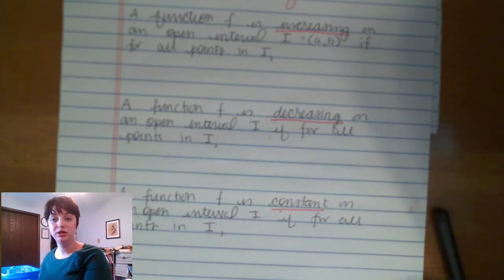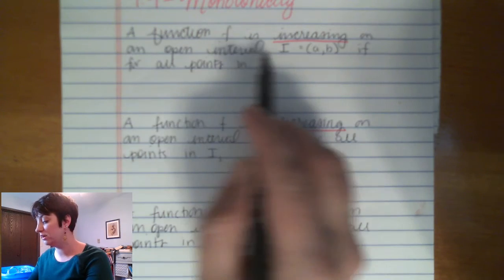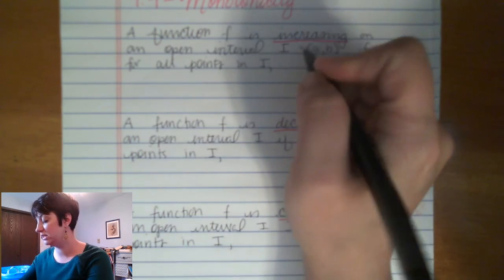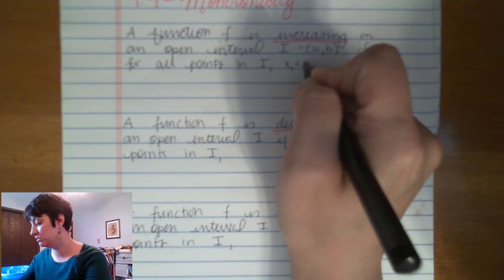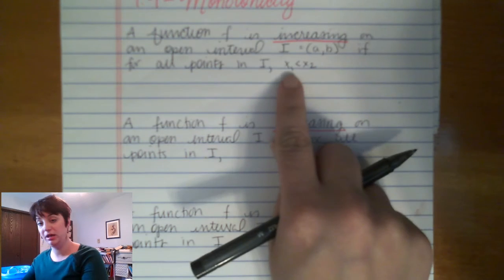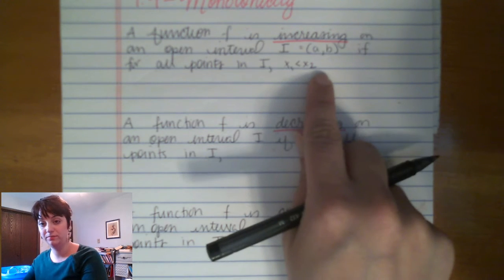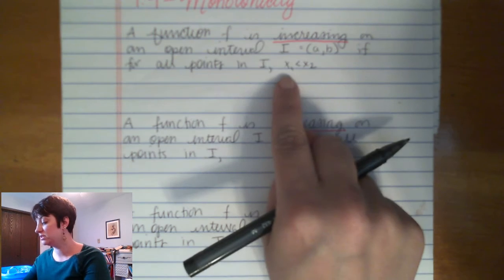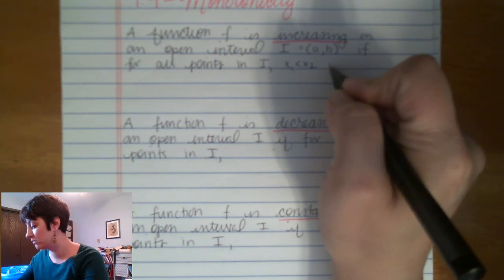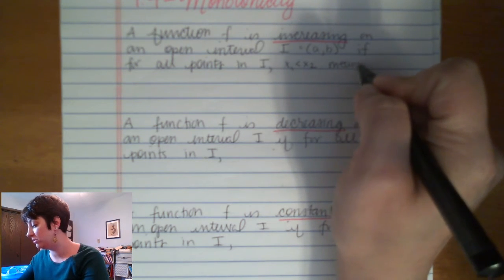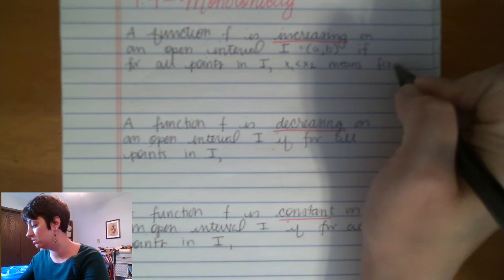So a function f is increasing on an open interval I if for all points in I, x1 less than x2, so that means as I travel left to right, so smaller things to larger things, I want the y value to get bigger.